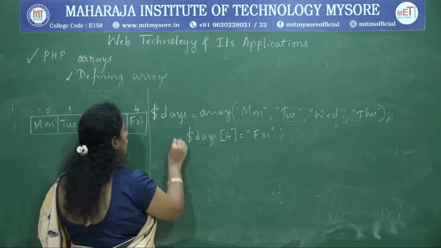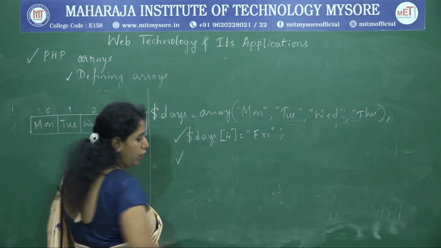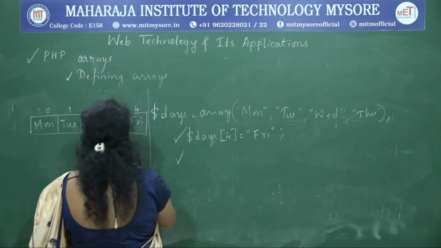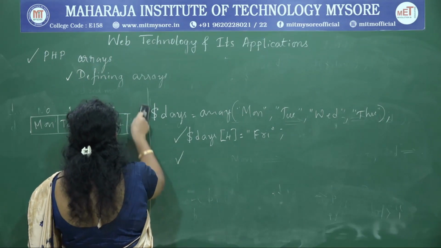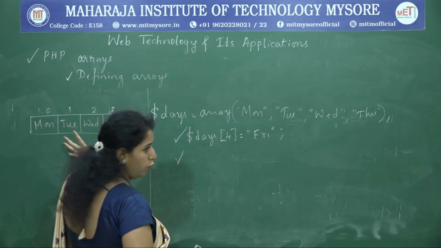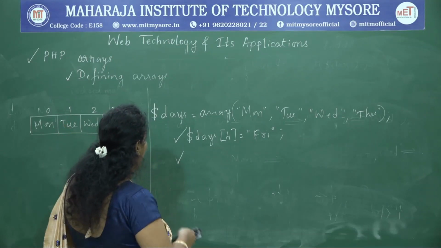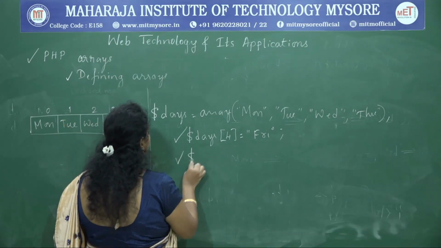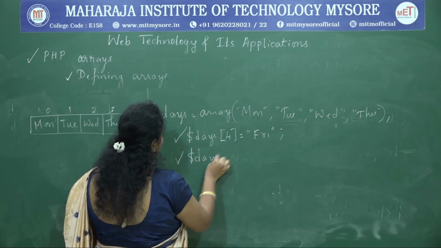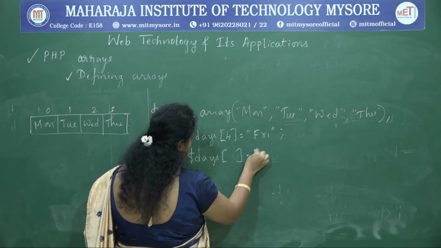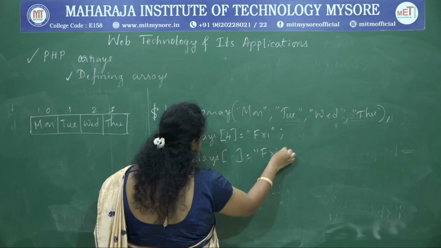Not only this approach, you can also go for another approach. Assume the array has only these four elements and I want to add the next element. So here, for days, I am not specifying any index, I simply give the element.